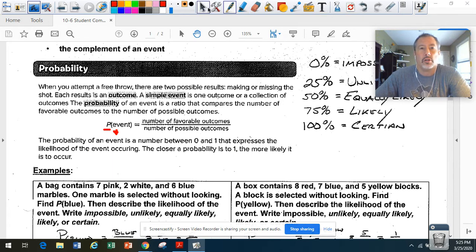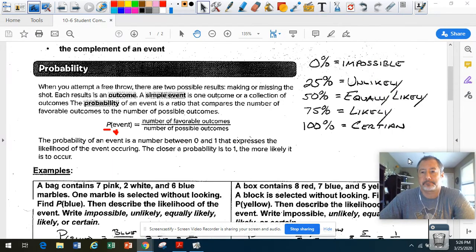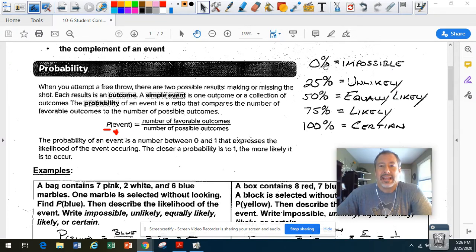So let's take a look over here. Let me move my picture down here. If something has a 0 percent chance of occurring, let's say I was rolling what they call a number cube. That's a die. As you know, dice typically have your numbers 1 through 6 on them. If I were to say, what's the probability of me rolling a 7?